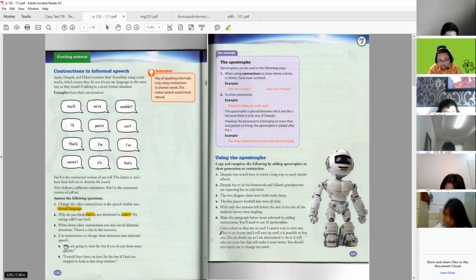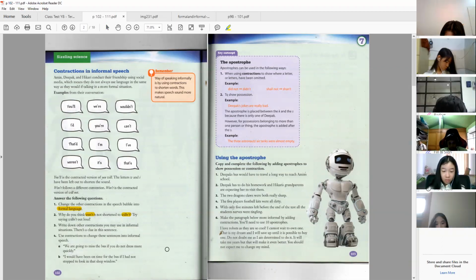How to change number 4A into informal. If you don't dress more quickly, we're going to miss the bus. So we contracted we are, and do not becomes don't. All right, thank you.